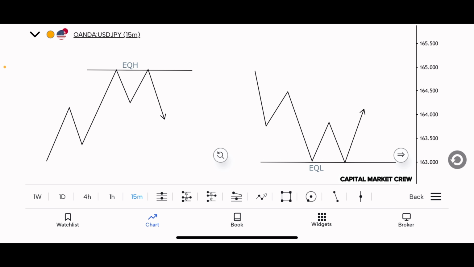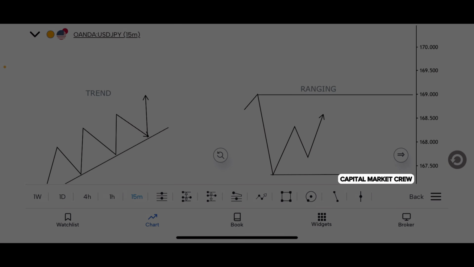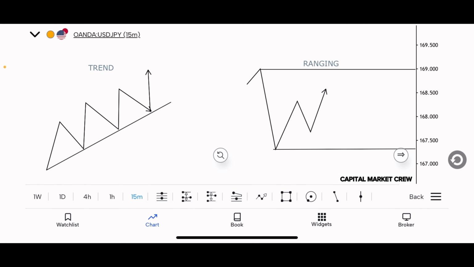The most common liquidity you will see on the market is the equal high and the equal low liquidity and the trending liquidity. The one on the left side is the equal high liquidity, and the one on the right hand side is the equal low liquidity. The other forms of liquidity you're going to look at are the trend line liquidity and the ranging liquidity.